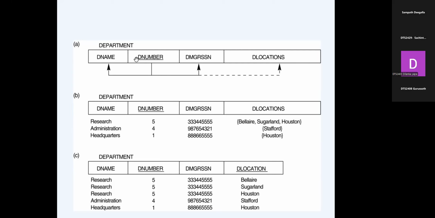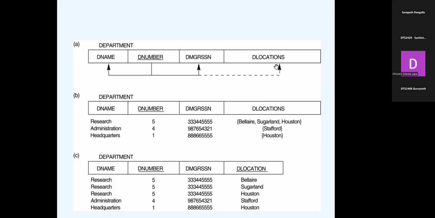And we know that if you have a primary key, using the primary key, you can functionally determine all the other values. So if you know the department number, you can figure out the department name. And when you have the same department number, you will have the same department name. That's what the arrow means. From this, you can functionally determine department name, department manager's social security number, and department locations.